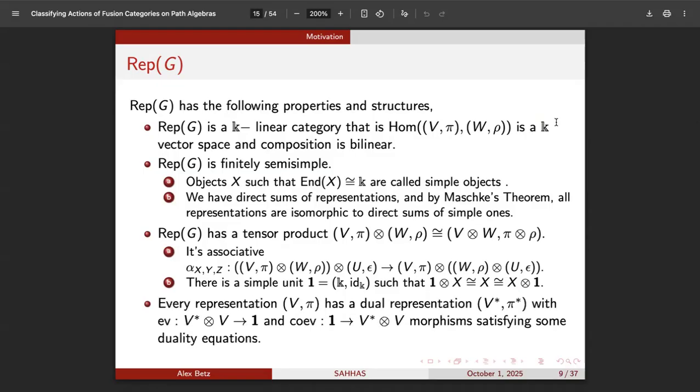And for each representation, we have a dual representation. You can take the dual vector space and define the dual representation over it, such that we have canonical evaluation and co-evaluation morphisms satisfying the usual duality equations. So this is Rep G, and now we're going to look at what a fusion category is.